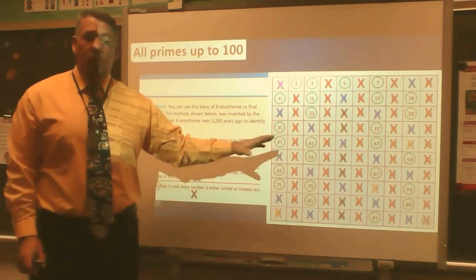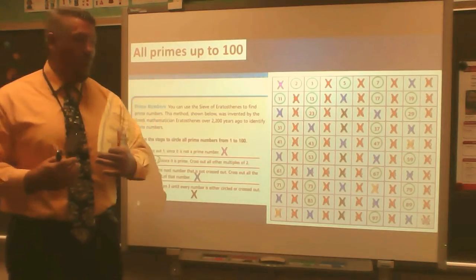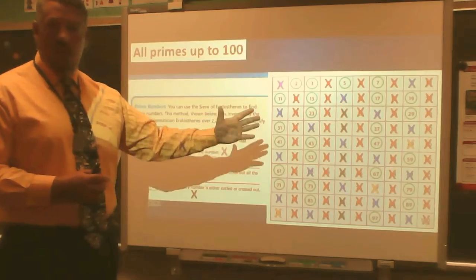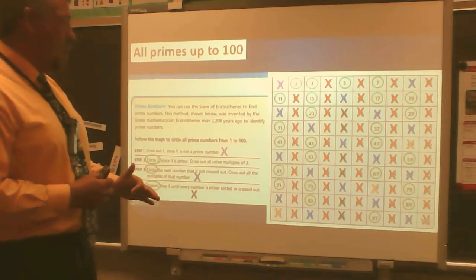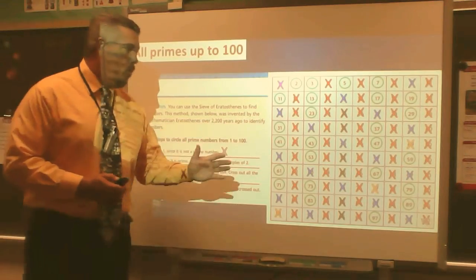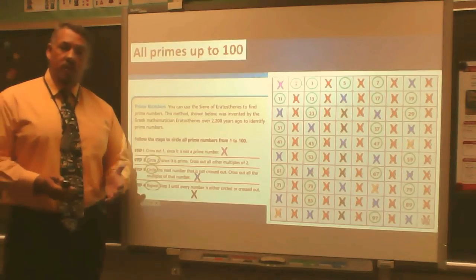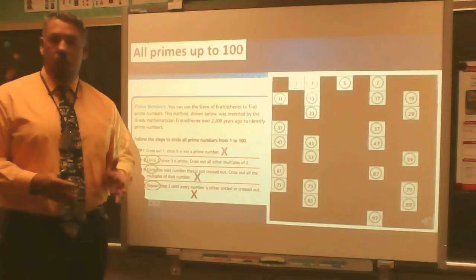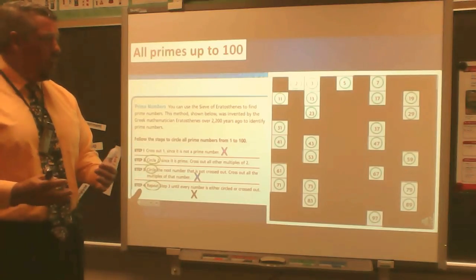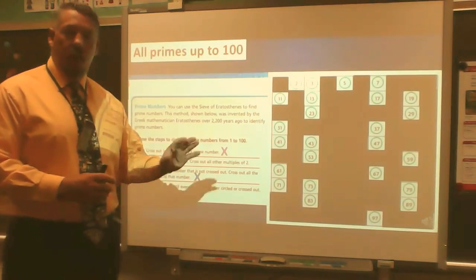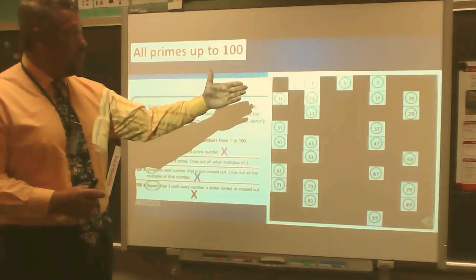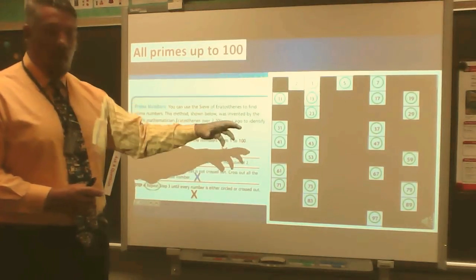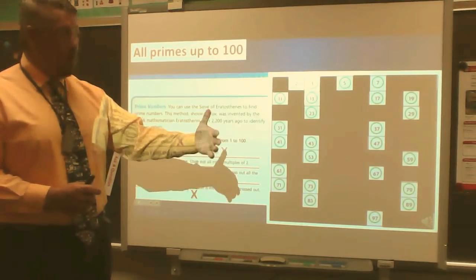Now, if you had to look at this, even for me, that looks a little confusing. Okay? Trying to figure out where the circles are, and I have a whole bunch of X's. So what I've done then is I just covered up all of the X's with black. That helps us see specifically just our primes and lets our eyes focus easier on what our prime numbers are from 1 to 100.